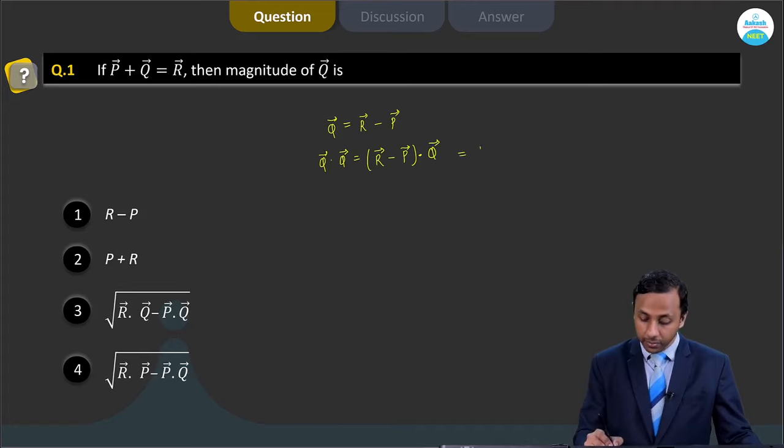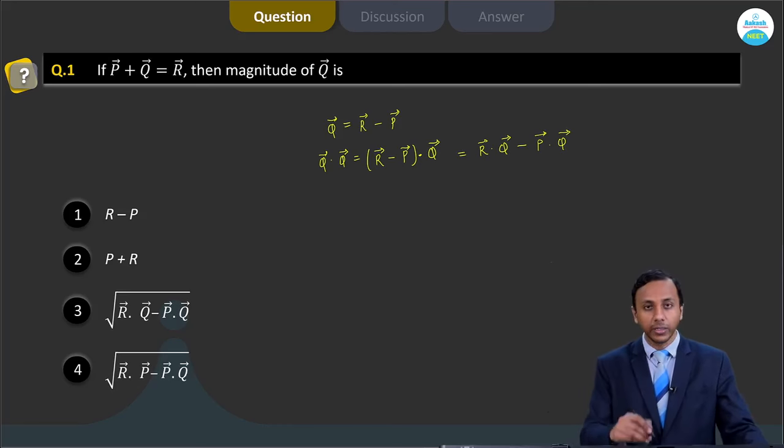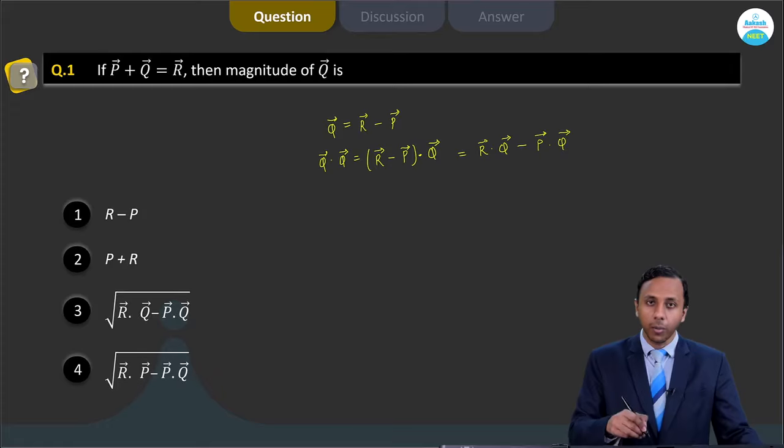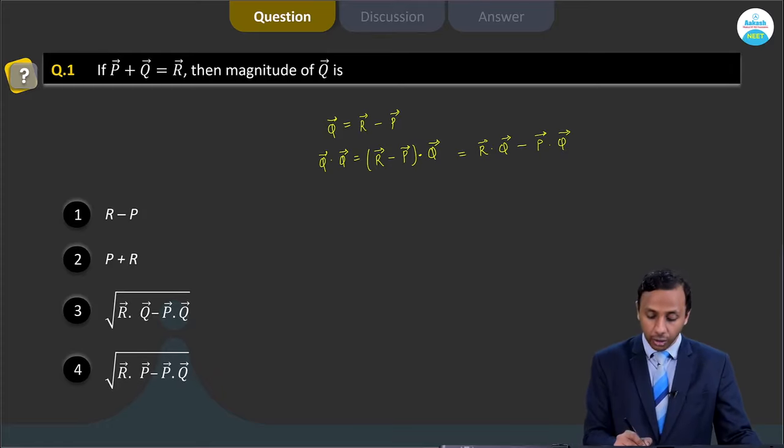So this will become R dot Q minus P dot Q. And remember, Q vector dot Q vector, we know dot product of a vector with itself will give the square of its magnitude. So this will become mod Q vector whole square, or we can simply write it as Q square. Q square is equal to R dot Q minus P dot Q.